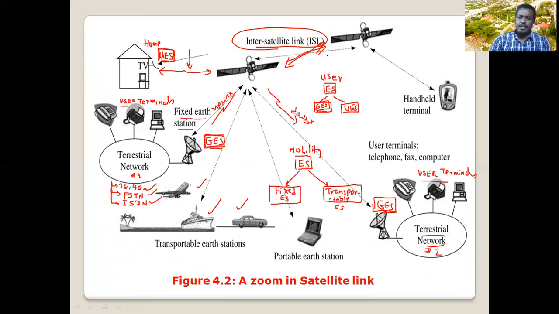So basically, in satellite networks, there are three types of interfaces. One, UES, user terminal interface. Two, gateway Earth station terrestrial network interface. Third, ISL, inter-satellite link interface. Three types of interfaces used in satellite networks.